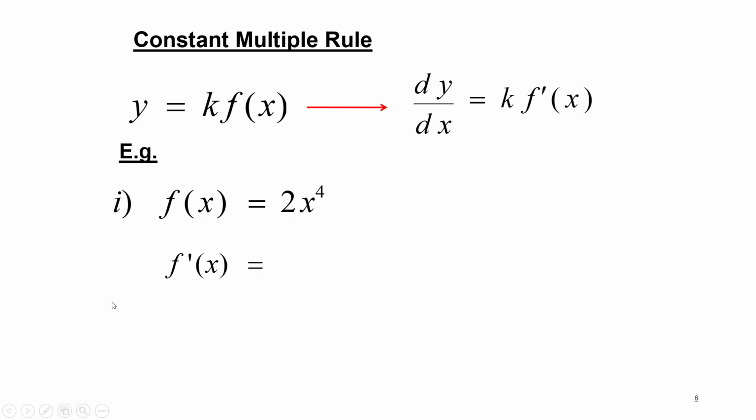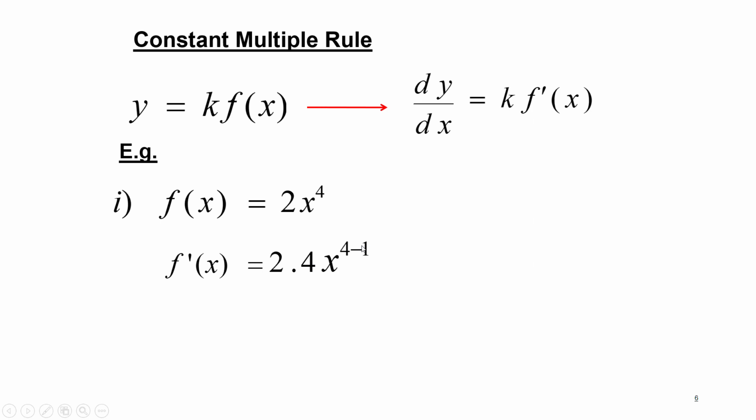So we'll say f dash of x is equal to 2, this 2 here, k, so 2 multiplied to this 4. This 4 is coming in front, power rule. So 4 is coming in front, multiplies to x, and 4 minus 1.